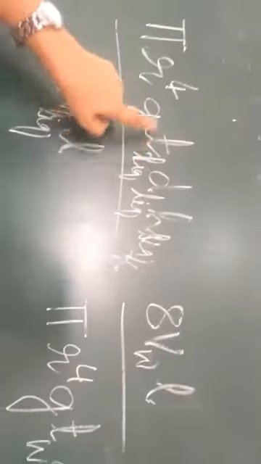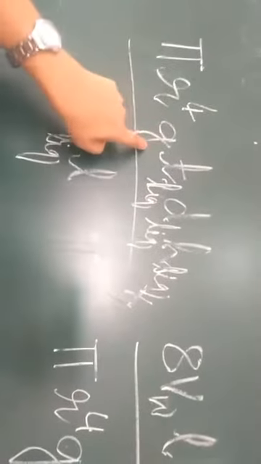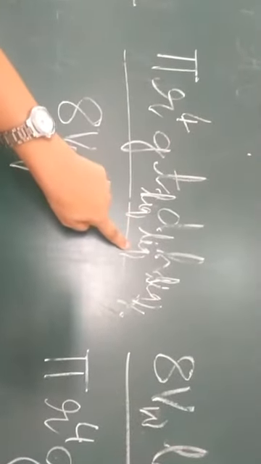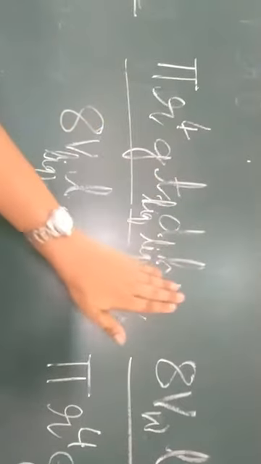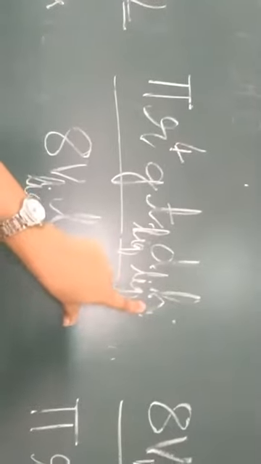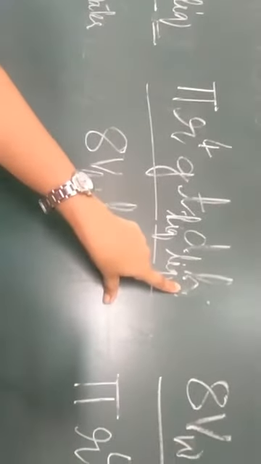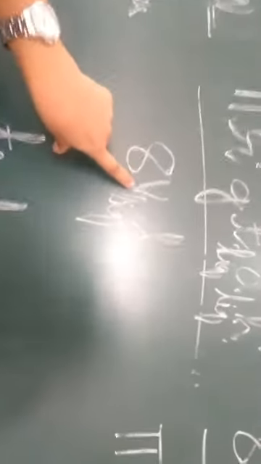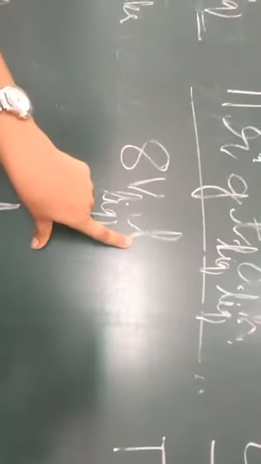For the same expression I have substituted pi r to the power 4 g, time flow for the liquid, density of the liquid. Now this is the height of the capillary. 8 is a constant, V is the volume of the liquid taken, and L is the length of the liquid column. This is for the liquid.